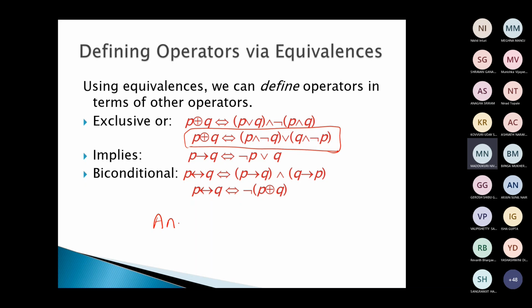A intersection not B, union, B intersection not A. You have seen this operator somewhere. What is this? Have you seen A delta B, the symmetric difference of two sets? Have you studied it?